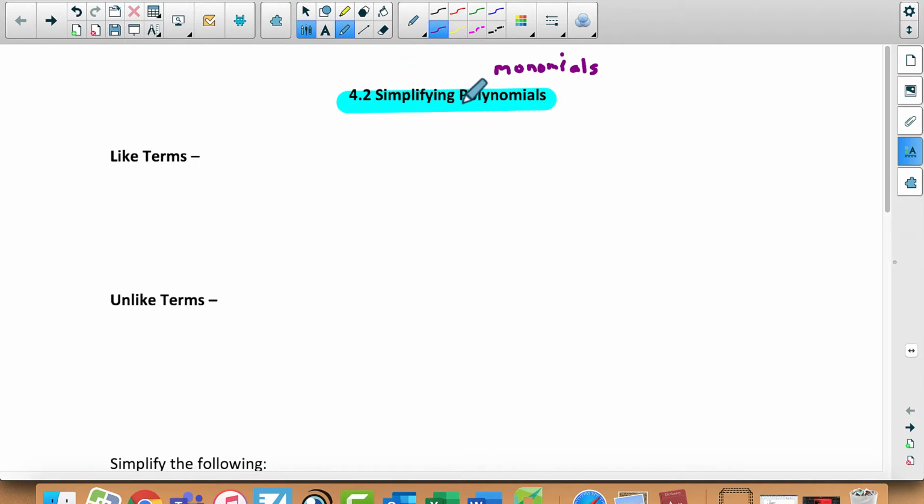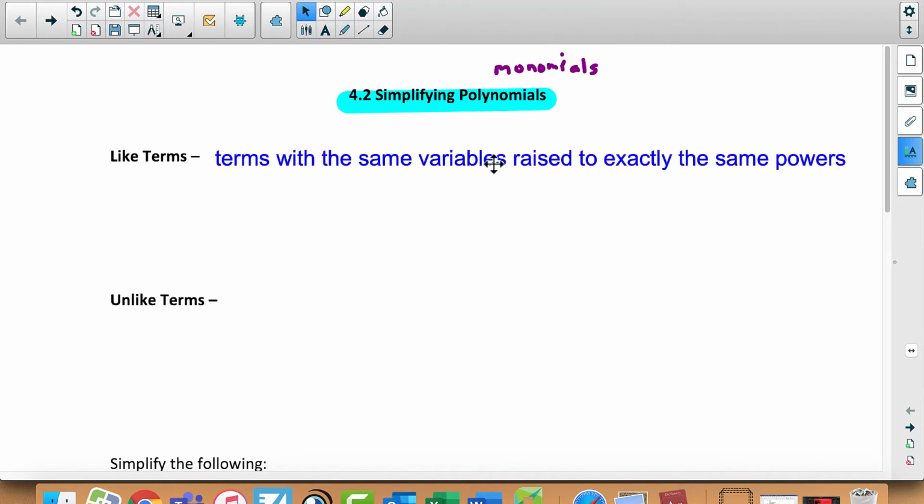So in order to introduce this idea, I have to talk about like terms and unlike terms. Like terms are terms with the same variables raised to exactly the same powers. Let's give a few examples of that. So if we had something like 4x squared, a like term would be, I don't know, negative 2x squared.